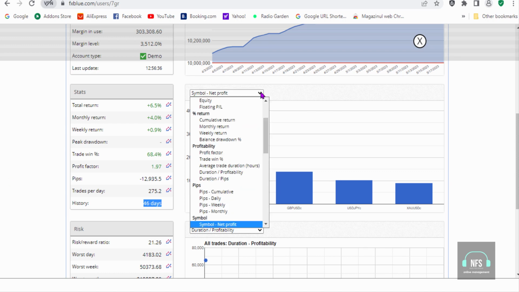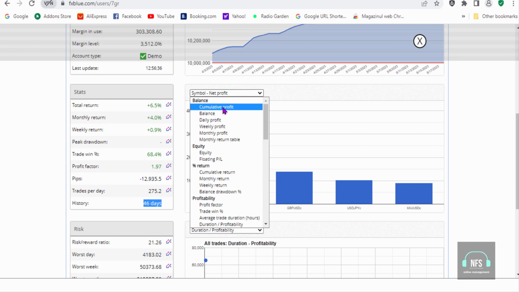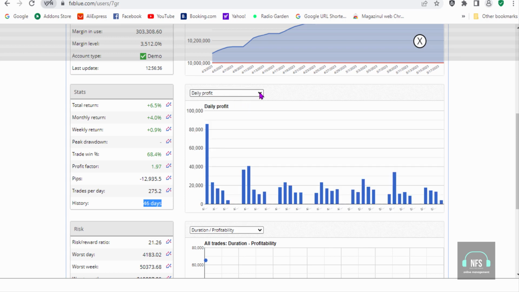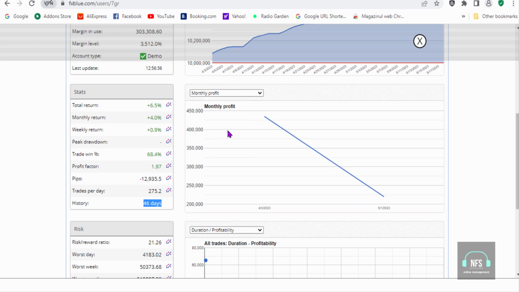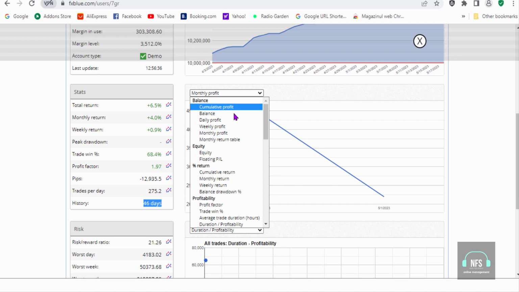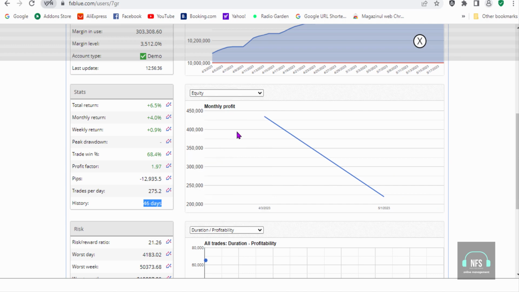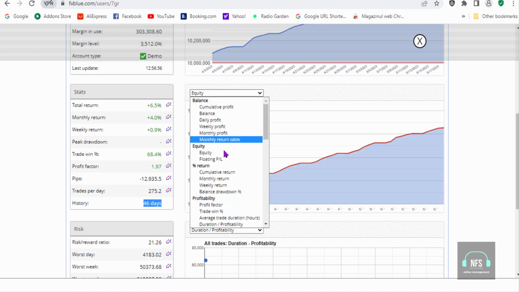Let's have a look at what we can see here. We can see a lot of statistics on the balance. We can see cumulative profit, daily profit, and monthly profit, as you can see here. Equity, no, we are not interested.